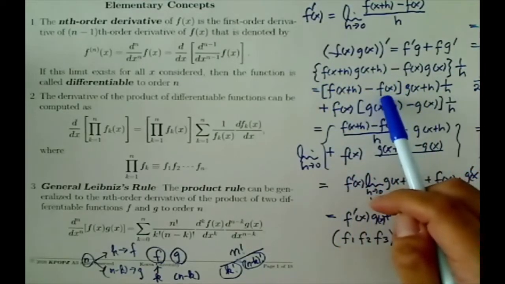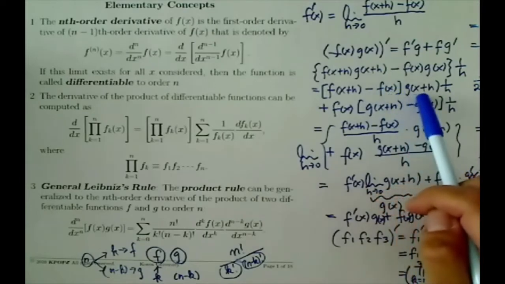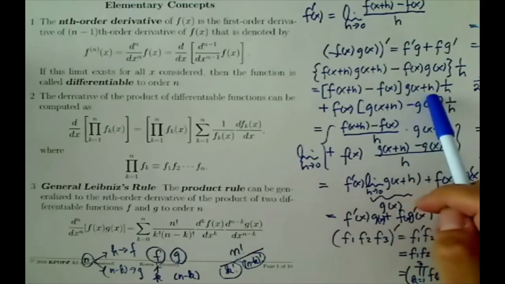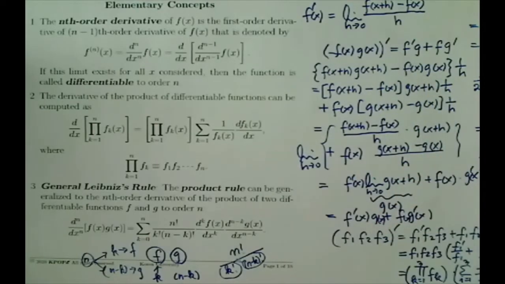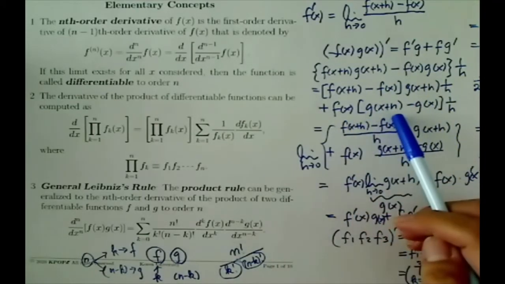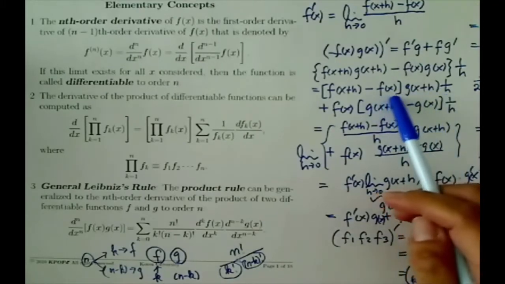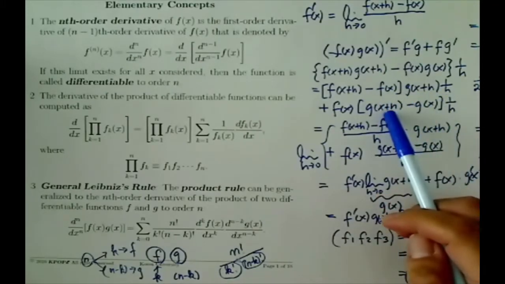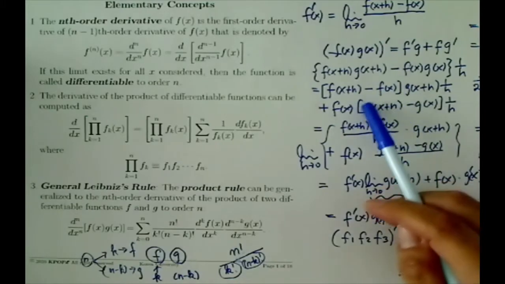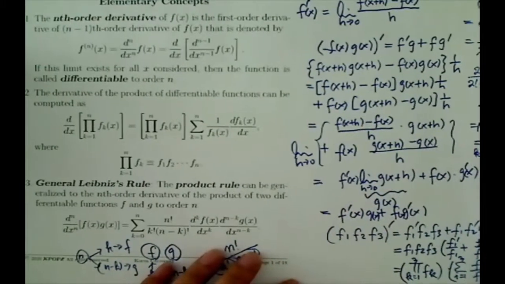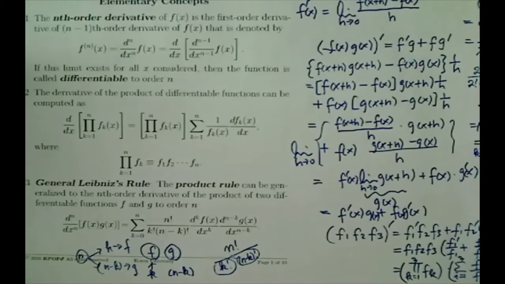But unfortunately, this f of x and g of x plus h term does not appear in the previous result. Thus, we have to add and cancel a fictitious piece. So this one and this one was the original value, but this one and this one then becomes 0. Then we multiply 1 over h, the difference of the arguments.